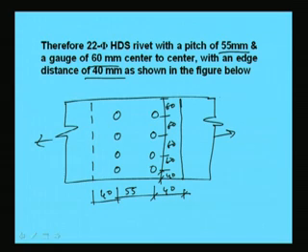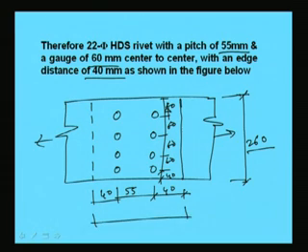So this total width is becoming, so this is 40, 60 into 3, 180 plus 40 into 2, 80, that means 260. So, total width of the plate will become 260 and the overlap length, the lap length will become 40 into 2, 80 plus 55, that means 135 mm.